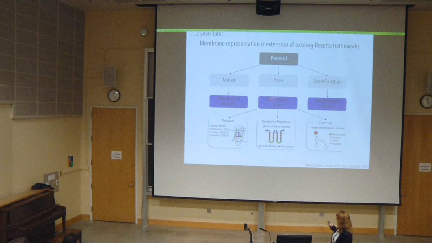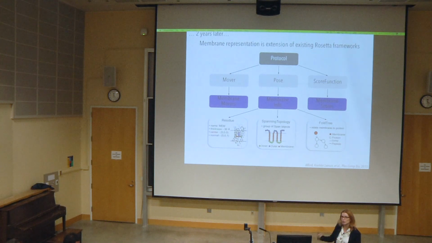And so we extended this for a membrane protein, so we implemented membrane movers to sample in a smarter way. We implemented membrane scores for the score function, and then we have certain membrane-related information that we're tagging onto that biomolecule object to make sure that we're modeling a membrane protein.